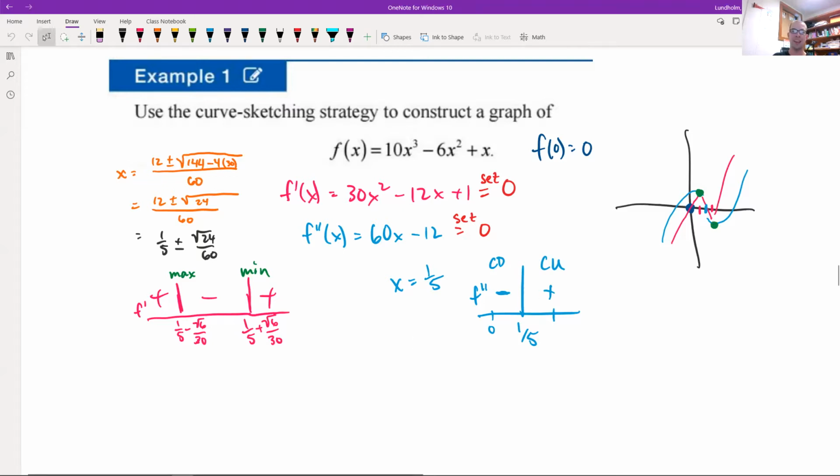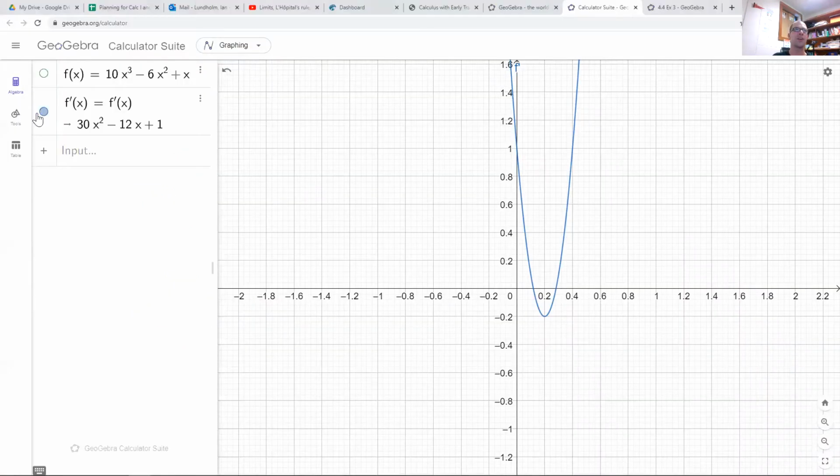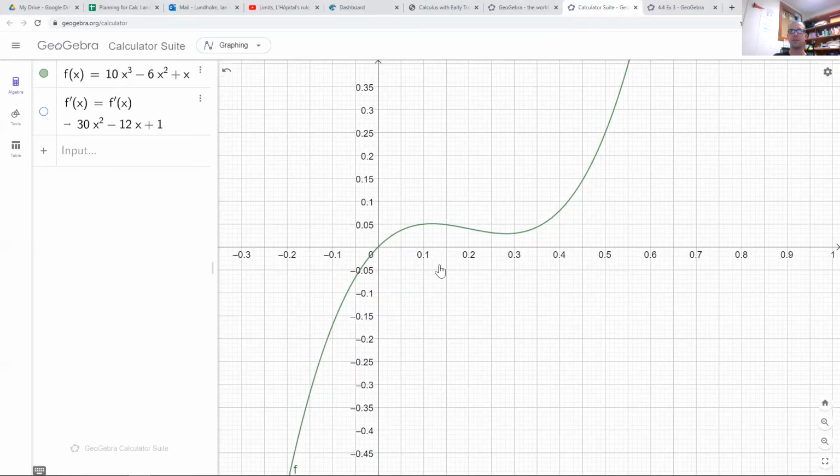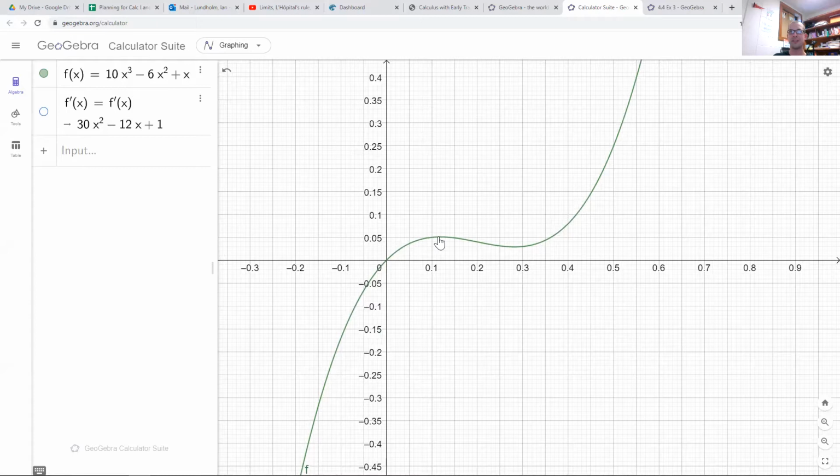And if we go back and actually check our work against this original function, we do have a maximum here and a minimum there, centered around 1/5. So those are symmetrically spaced around 1/5. So we did a decent job graphing that function.